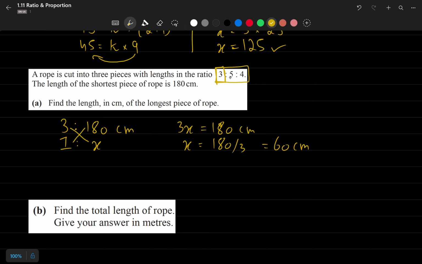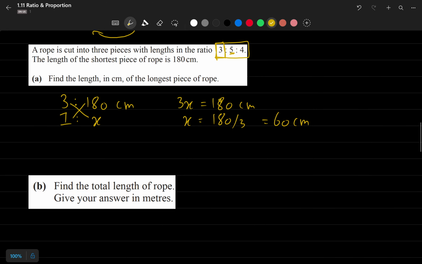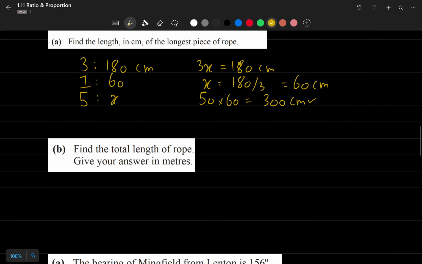So the longest piece is 5 ratios. For 1 ratio we get 60. So how much for 5 ratio? Just multiply 5 with 60, which is equal to 300 centimeters. So this is the length of the longest piece.